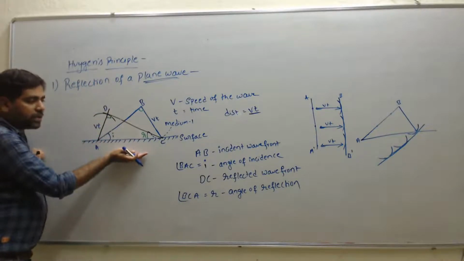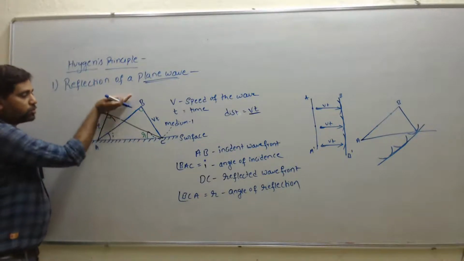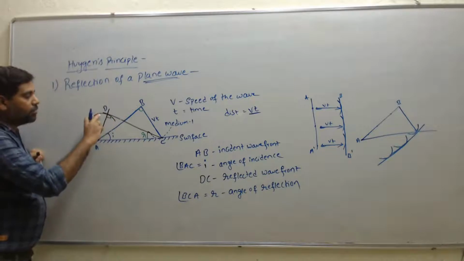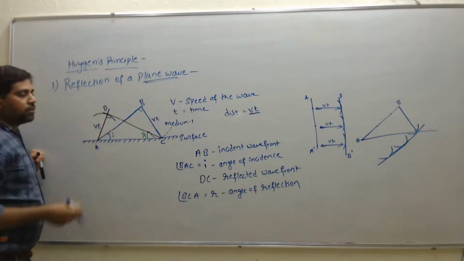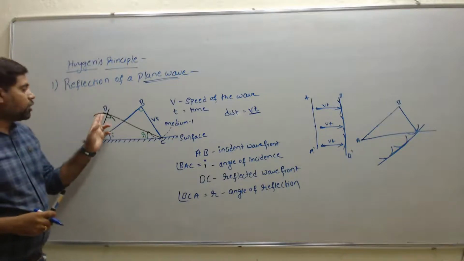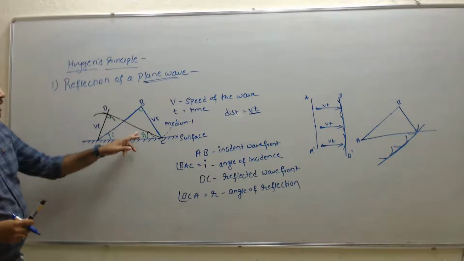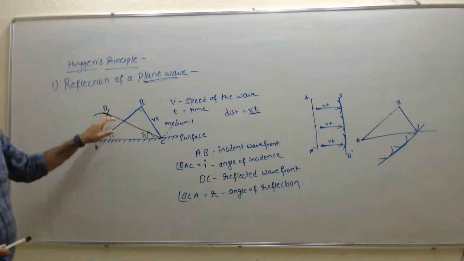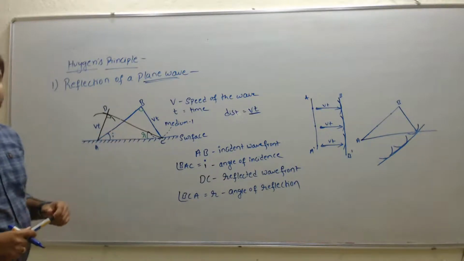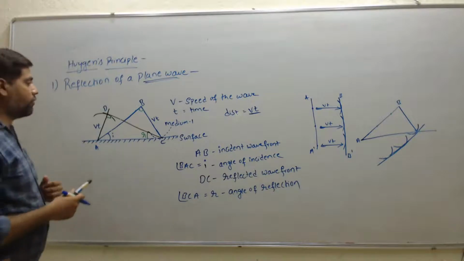It is not transmitted into the second medium, but bounces back to the same medium. Then we draw the sphere of radius v into t, and draw the tangent from point D to C. Then we get the reflected wavefront, and R is the angle of reflection.